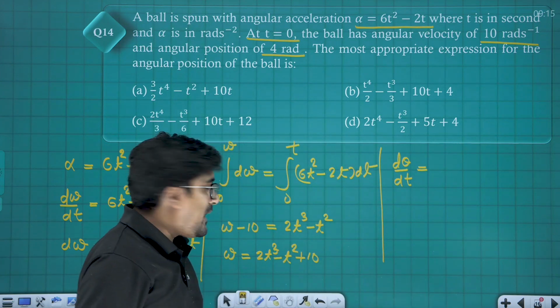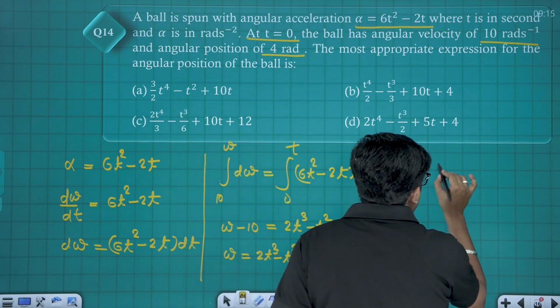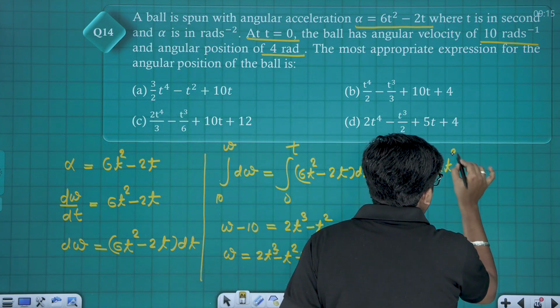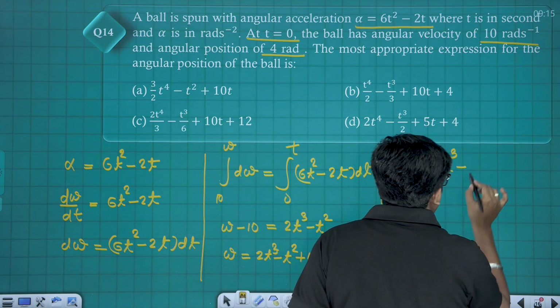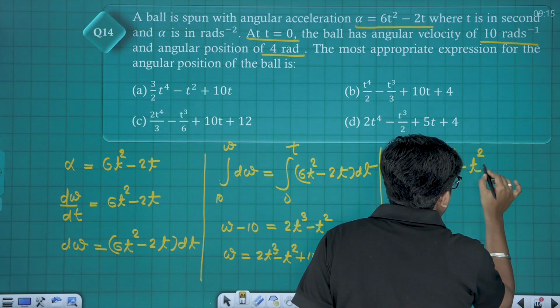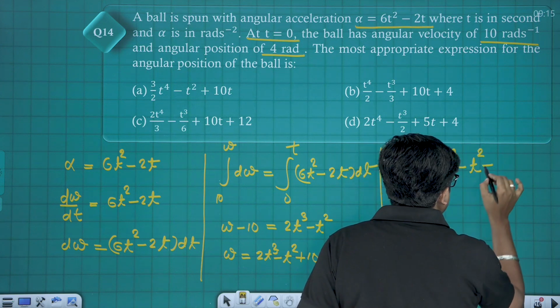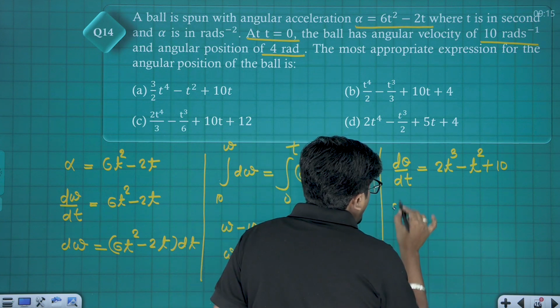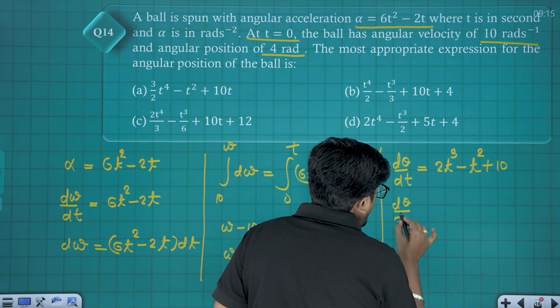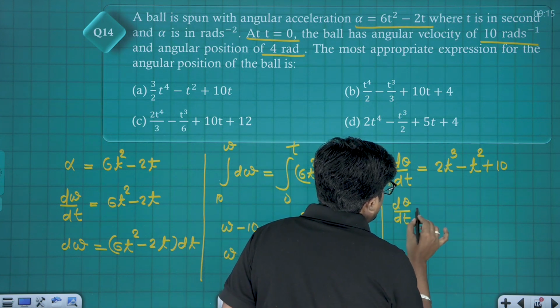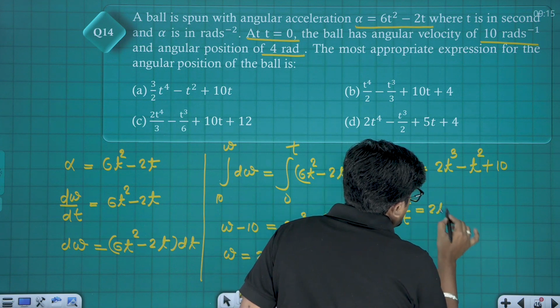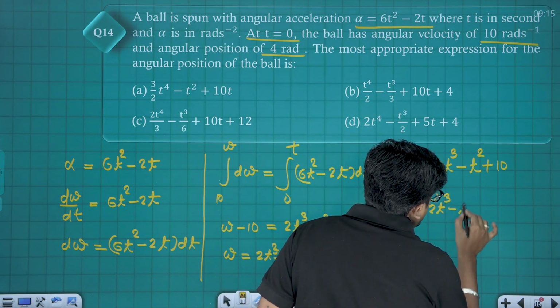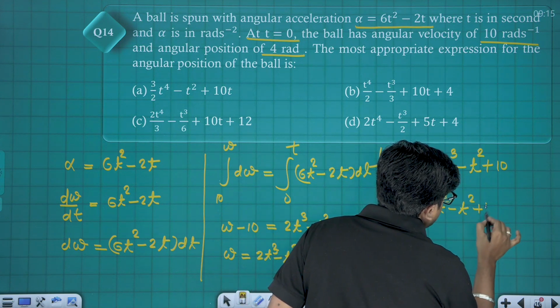So now d theta by dt equals 2 times t cube minus t square plus 10.